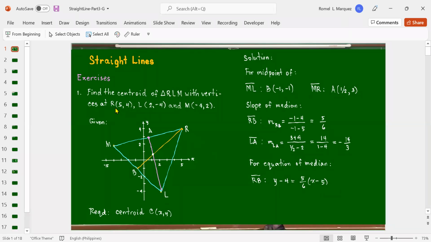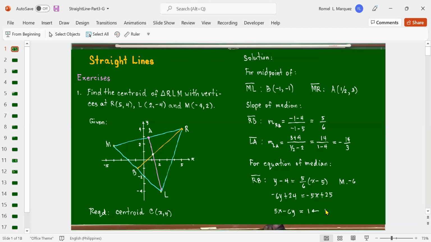Multiply by 6: -6y plus 24 is equal to -5x plus 25. Am I right? So getting 5x minus 6y is equal to 1. This is our first equation.